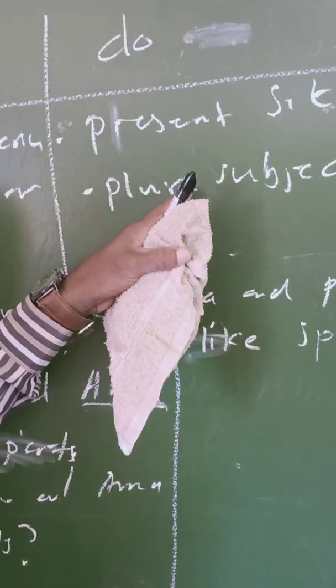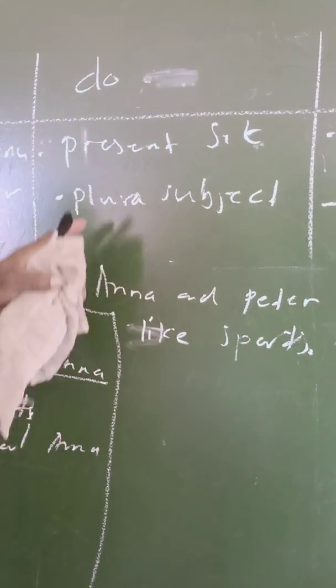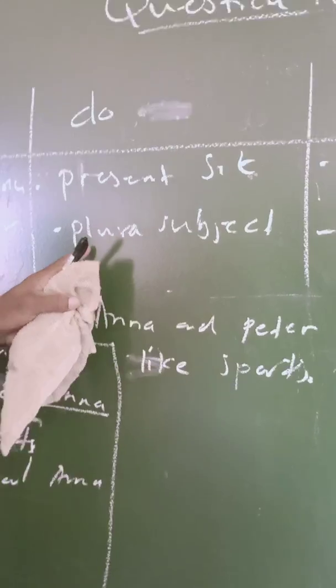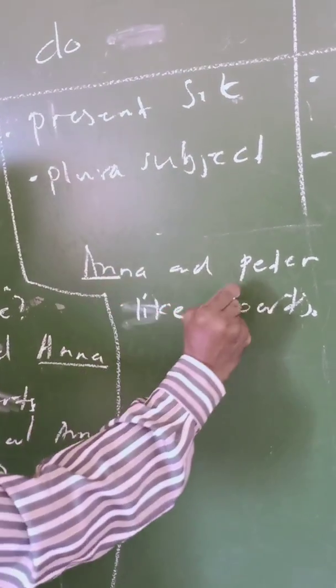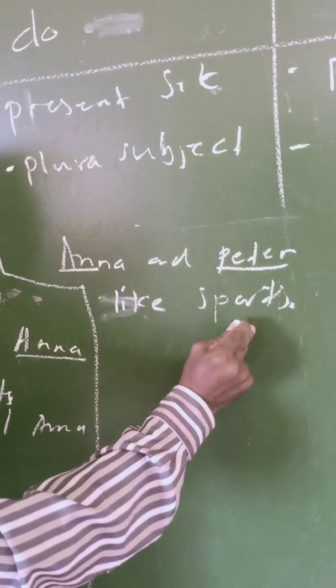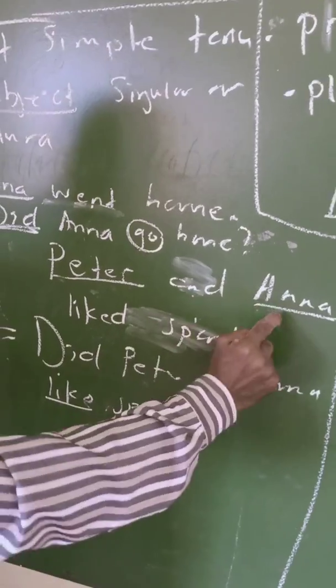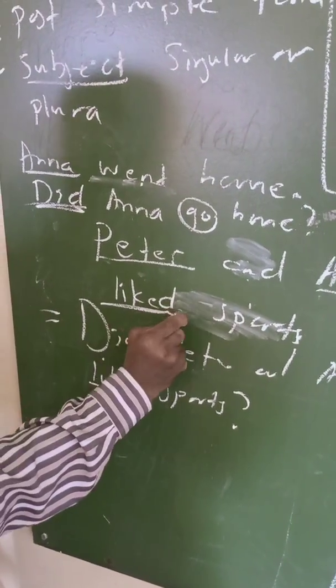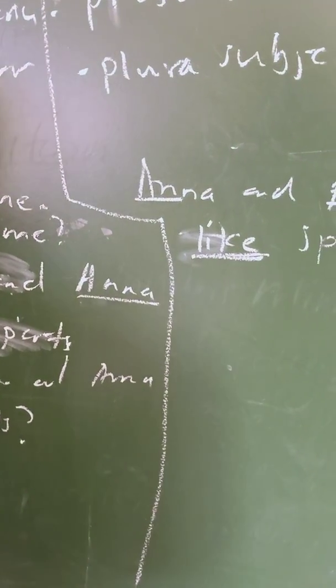It can be singular or plural so long as it's in past simple tense. But you use do to ask a question only if the sentence is in present simple tense and the subject is plural. For example, Anna and Peter like sports. This sentence is in present simple tense. Peter and Anna liked sports is in past simple tense, but here, like sports is in present simple tense.